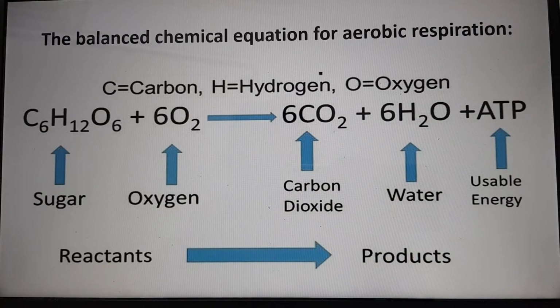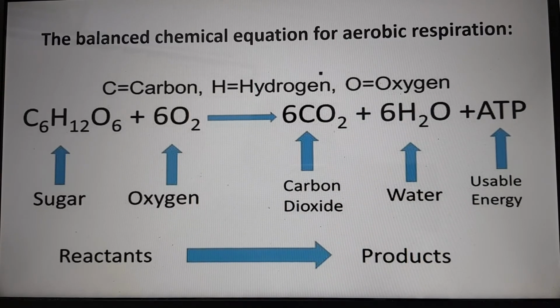To balance, we add: in glucose, already 6 carbon atoms are there, so we have to add 6 on the product side. Then hydrogen 12, so along with water you have to add 6.